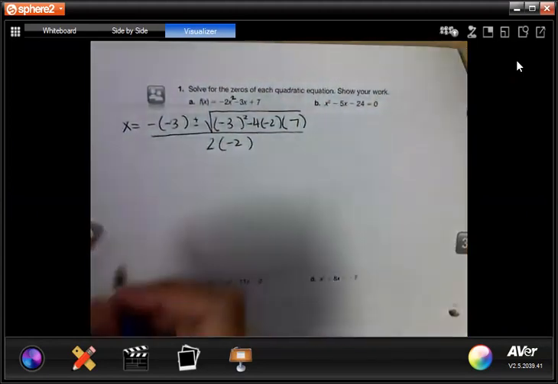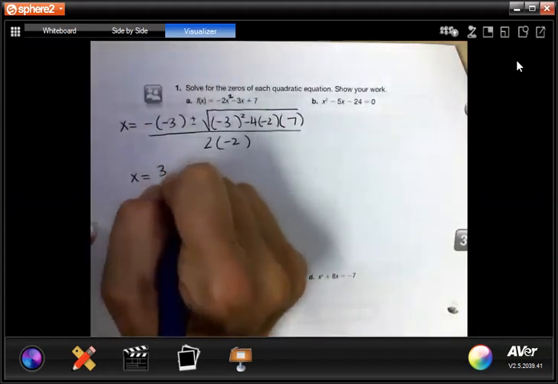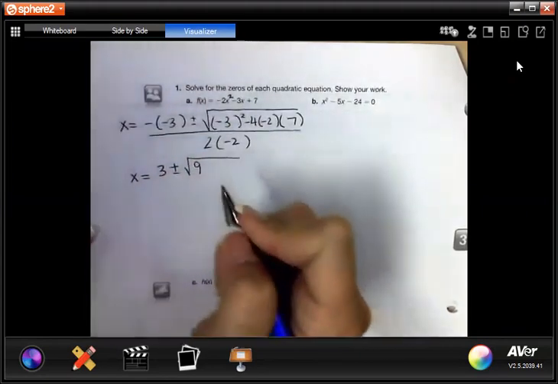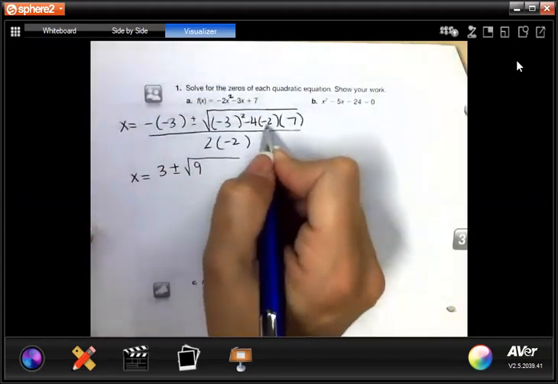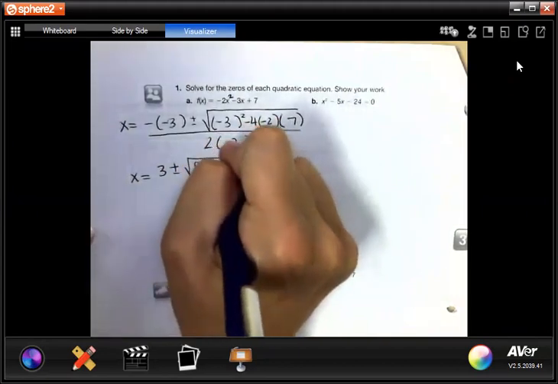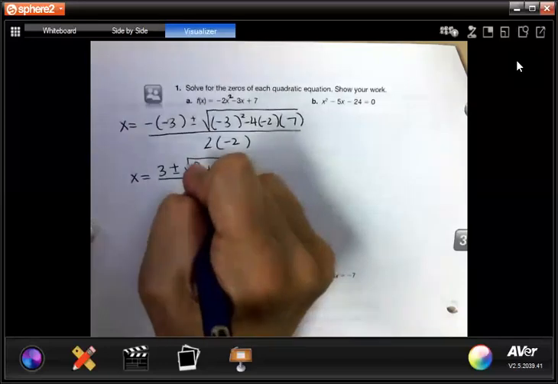And so I start to simplify. A negative negative turns that into a positive 3. Negative 3 squared is 9, because that's negative 3 times negative 3. And then negative 4 times negative 2 times 7 is 56. In the denominator, we have 2 times negative 2, which is negative 4.